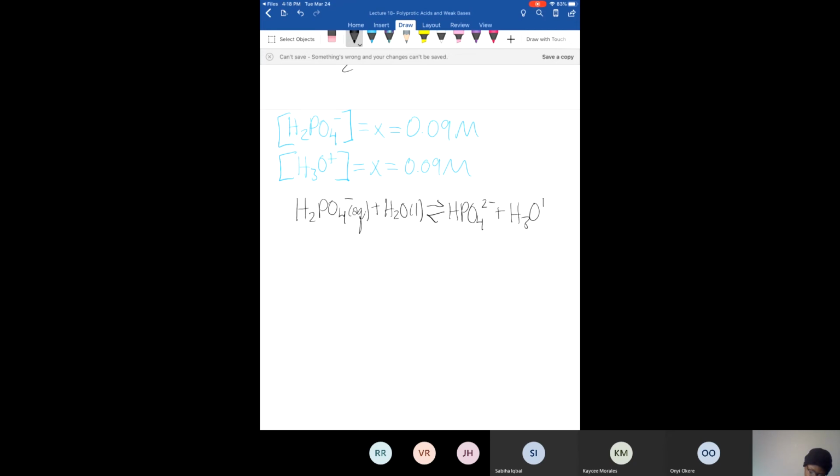H2PO4 minus plus water gives you HPO4 2 minus plus H3O plus. They're both aqueous, I keep forgetting to write that. So what is your concentration of H2PO4 minus? You calculated that in the previous reaction.